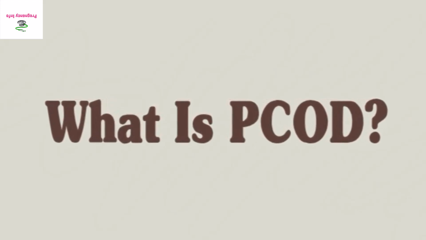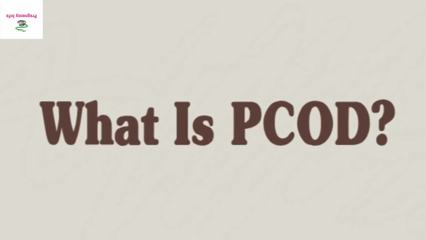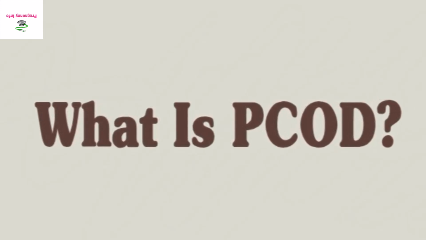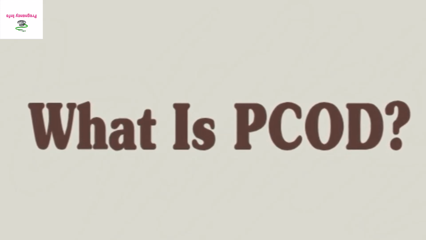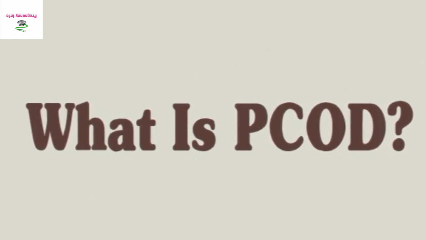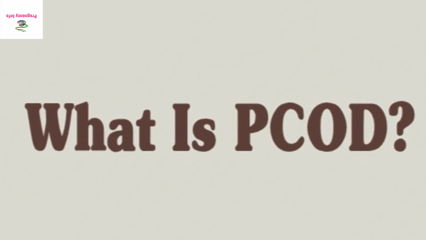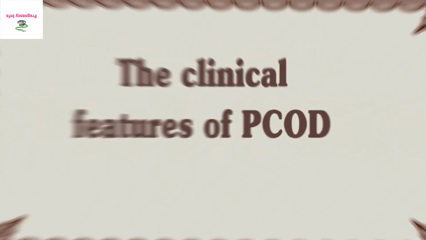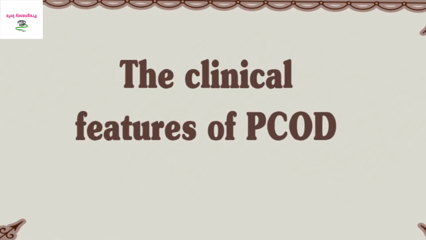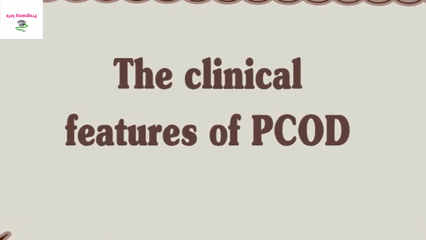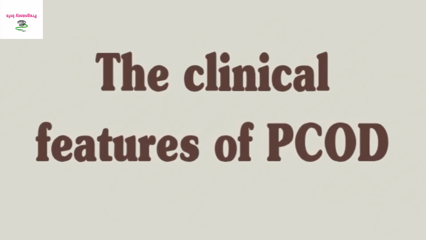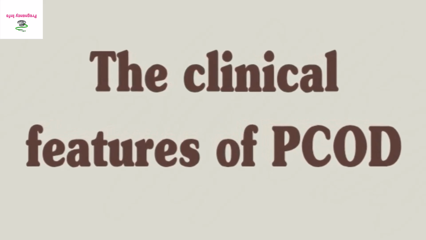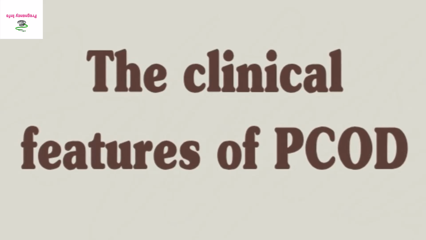The main underlying cause for this condition is a hormonal imbalance, especially an increase in the endocrine male hormone. It is a highly common condition and more prevalent in women of age group 12 to 45 years. The clinical features of PCOD are irregular ovulation, obesity, alopecia or male pattern baldness, irregular periods, difficulty in concentration.